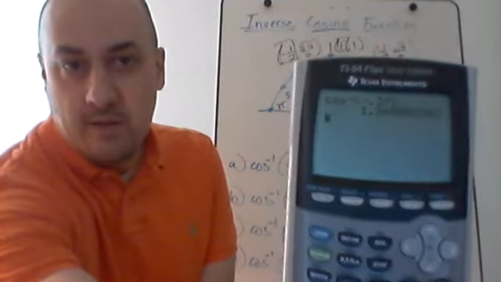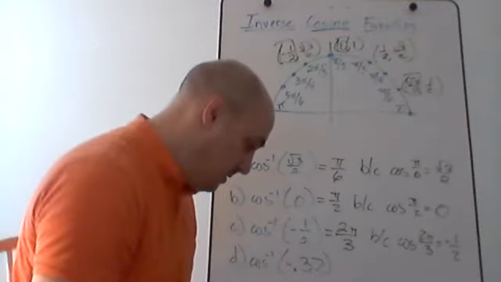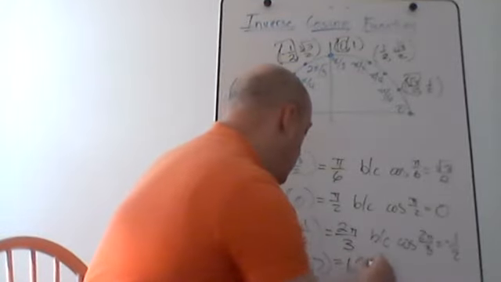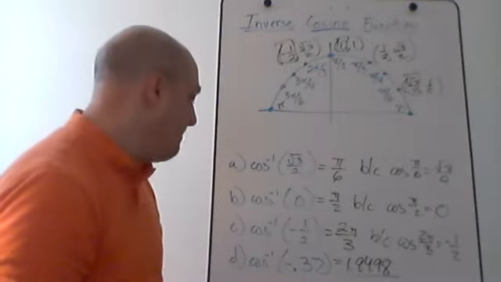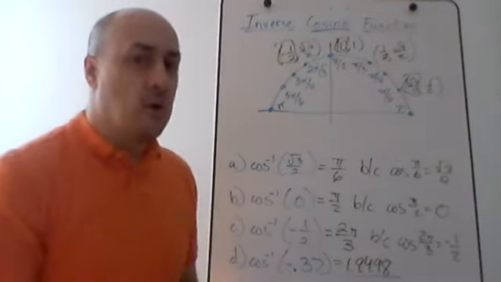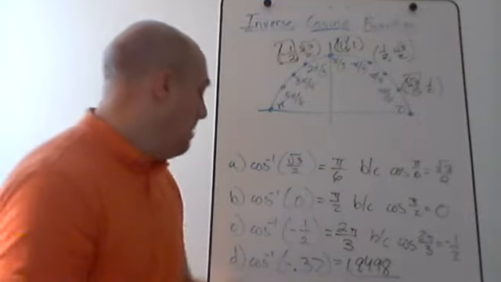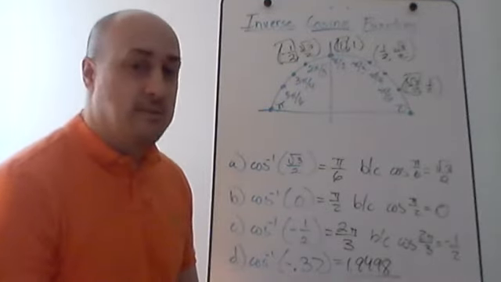And cosine inverse of negative 0.37 is 1.9498, approximately. Most of the numbers you get from the inverse trig functions are going to be irrational numbers, so you have to round them off at some point. So that is our cosine inverse of negative 0.37.